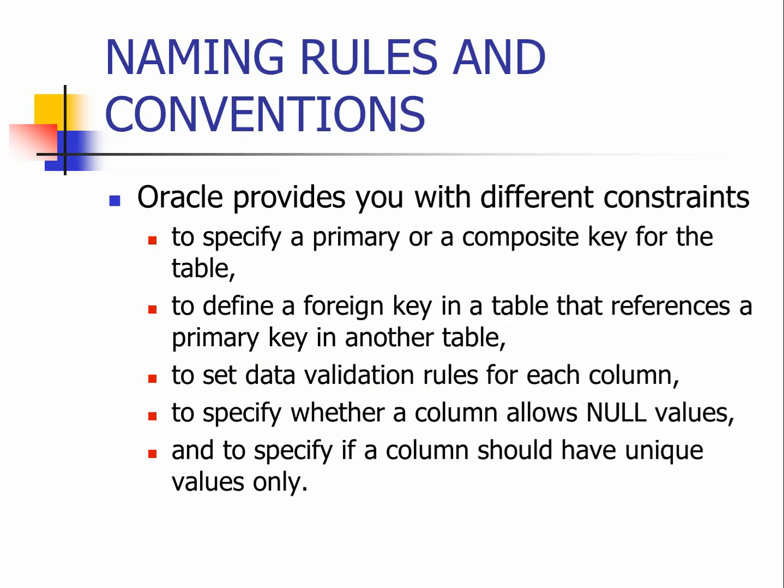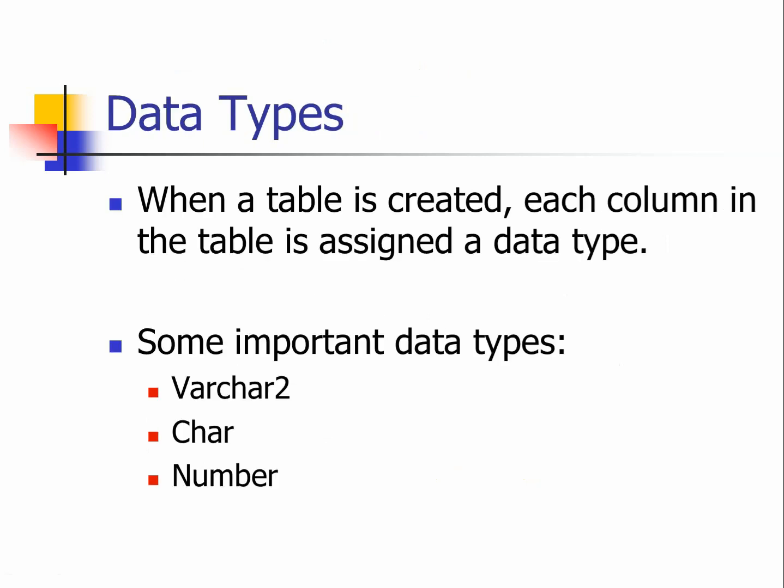You can specify whether a column can be null or whether a column should have unique values only. Obviously, if you set up a primary key constraint, it is going to be unique immediately. This is saying that for the attributes that are not primary keys, if you want them to be unique, you can still do that.